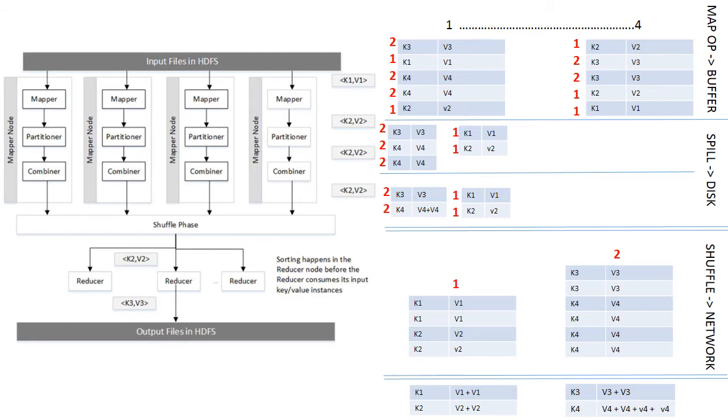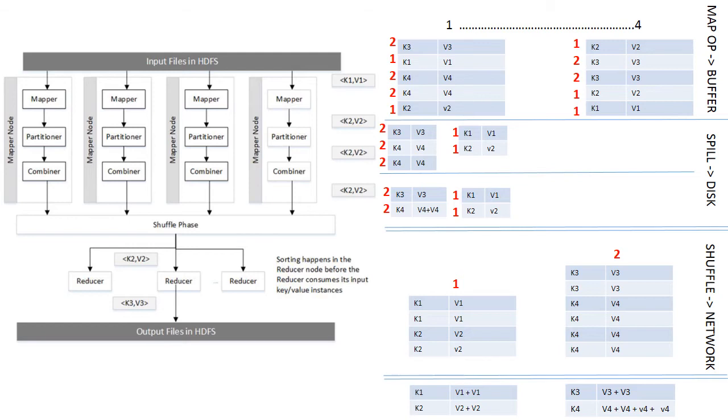The mapper functions act on the stored file, the stored data, and they emit key value pairs. Here you have shown about 4 different keys and corresponding values.